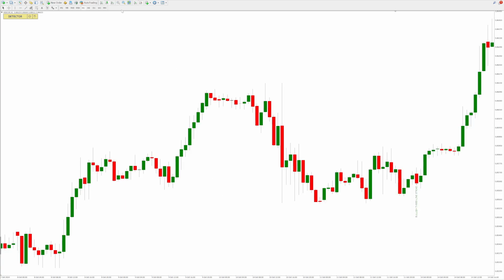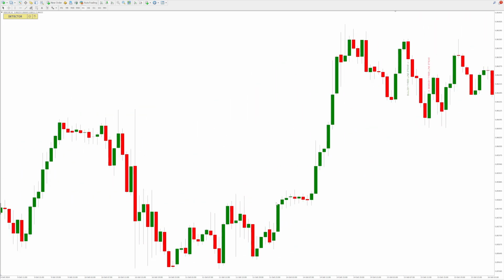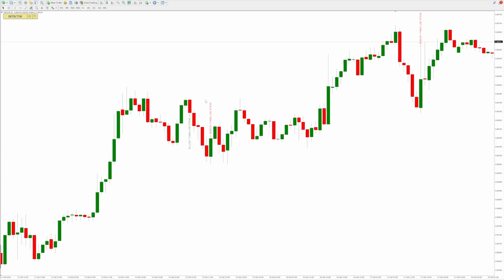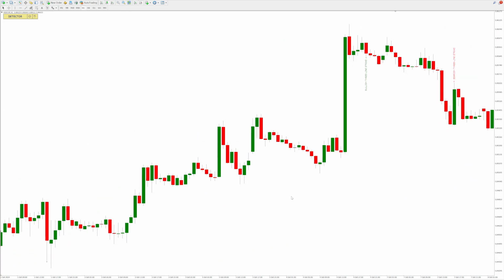Okay, that being said, what is the 3-line strike candlestick pattern? Basically, the first thing you've got to look for is, let me just zoom out here, find it there.